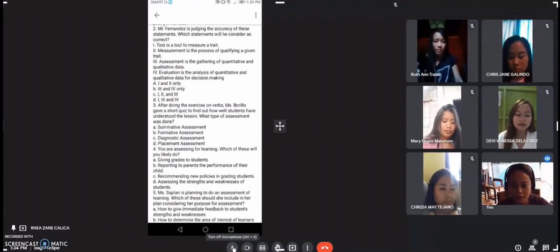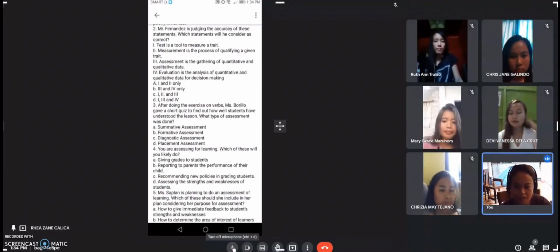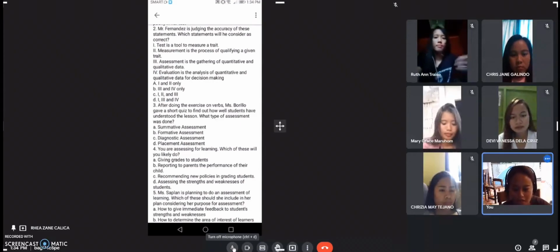So, number 2, Mr. Fernandez is judging the accuracy of these statements. Which statements will he consider as correct? First, test is a tool to measure a trait. 2, measurement is the process of quantifying or giving a trait. Third, assessment is the gathering of quantitative and qualitative data.